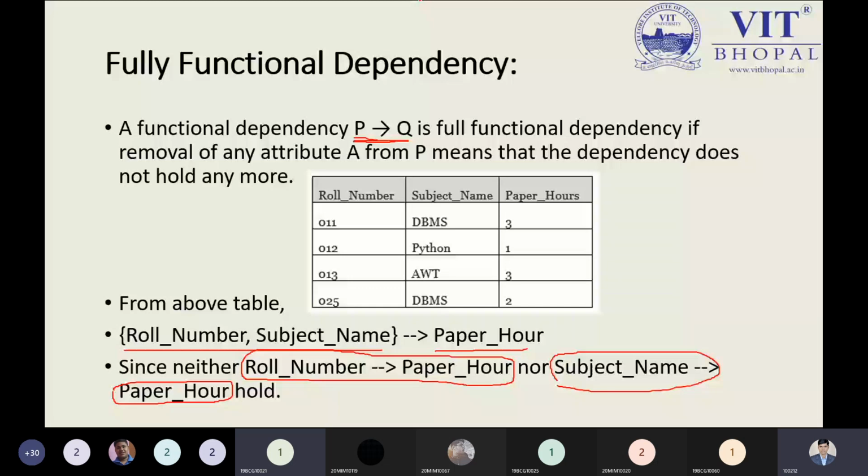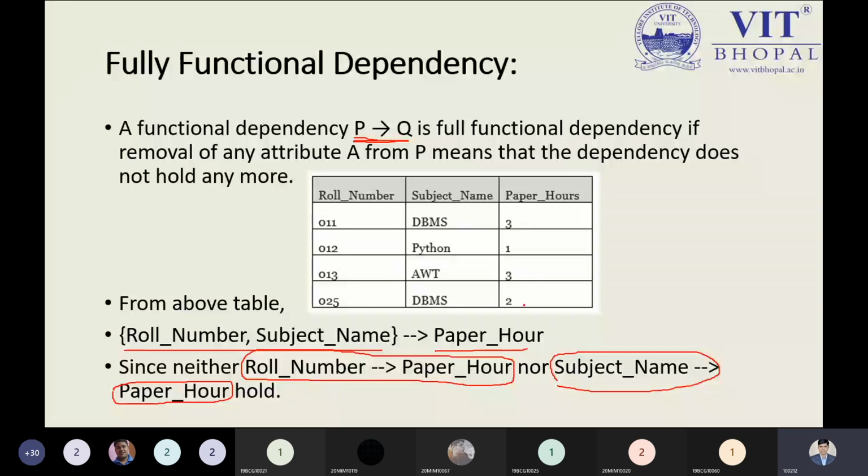Yeah, sir. See, full functional dependency. Actually, I was waiting for this question. See, this roll number, the student maybe has opted for the DBMS course that belongs to the LTP course, but roll number 025, the student has opted for the course DBMS that belongs to the LT only. So that's why we have different hours for the same subject name over here.